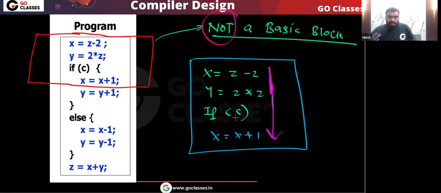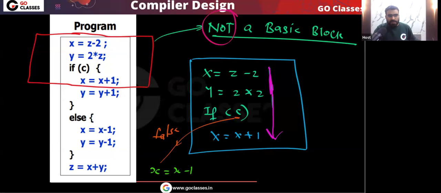If this condition is false, then you will go to x equal to x minus 1. Is this point clear? So this is not a basic block.